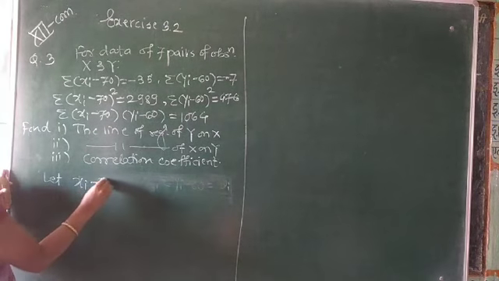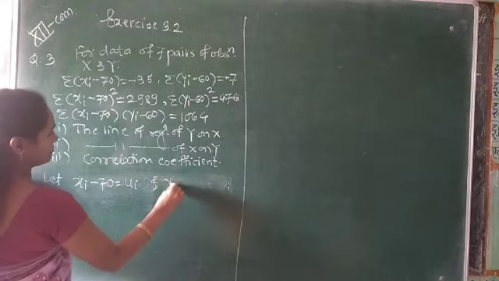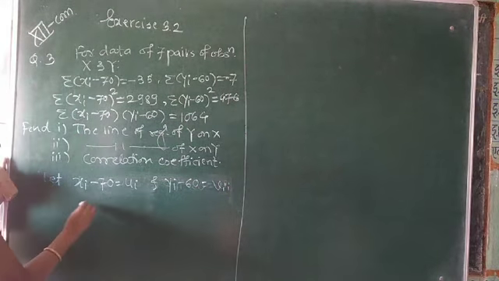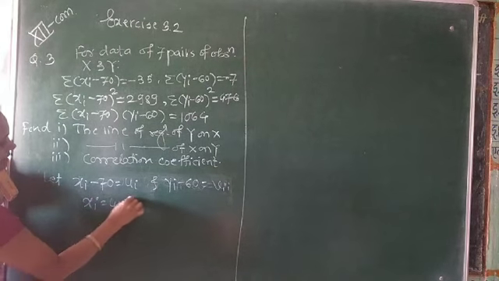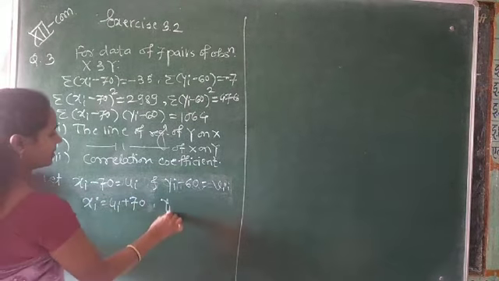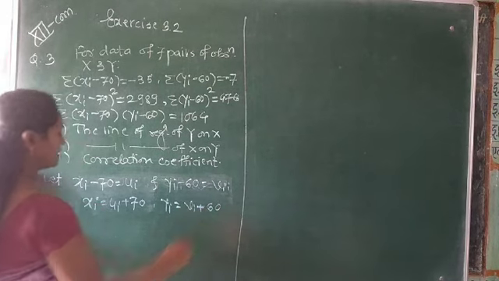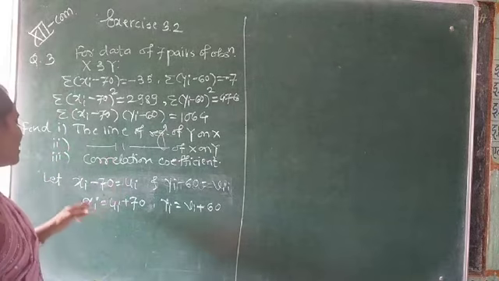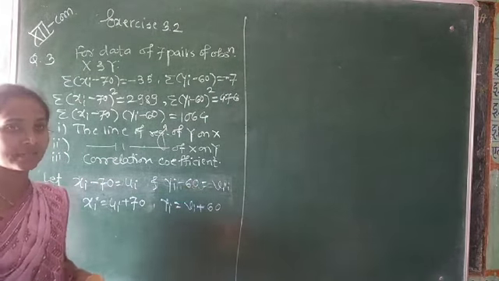Let xi minus 70 is equal to ui and yi minus 60 is equal to vi. Therefore, xi is equal to ui plus 70 and yi is equal to vi plus 60. Here we consider xi minus 70 is ui and yi minus 60 is vi.